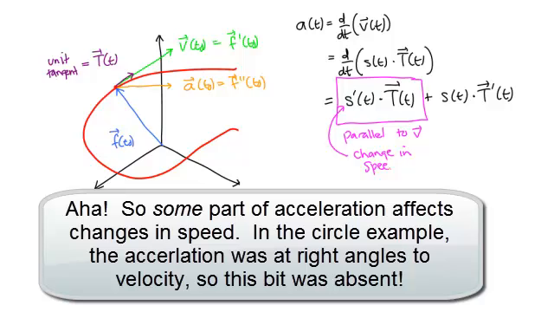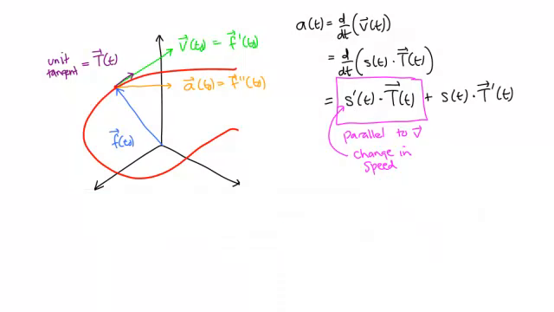This is the thing that we're sort of used to when we talk about acceleration. Acceleration has something which changes speed. So there's a part of the acceleration vector who does that. It's a vector, it acts in the same direction as the motion, and its component, its size, is the change in speed. But what about this second part right here? This component.